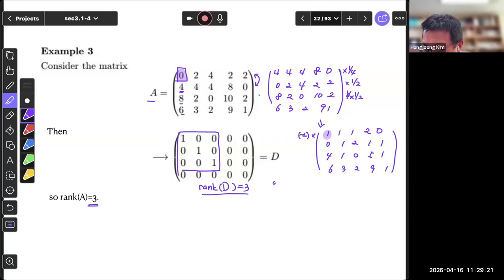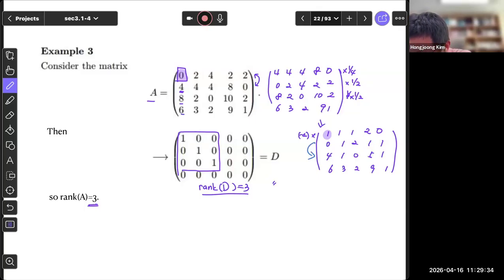Given this, I want to multiply -4 to the first row and then add it to the third row. What do I get if I multiply negative 4 to the third row? You get -4, -4, -4, -8, and 0.